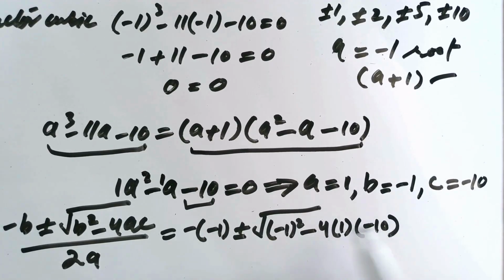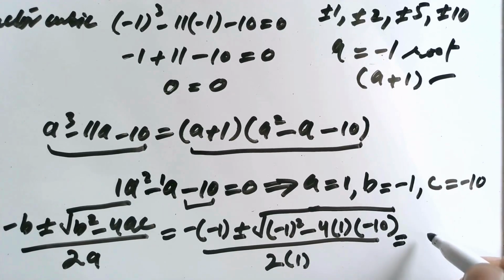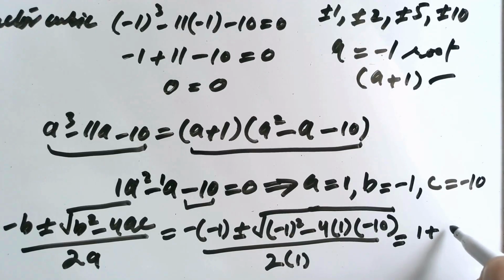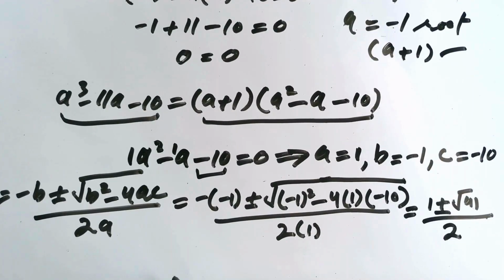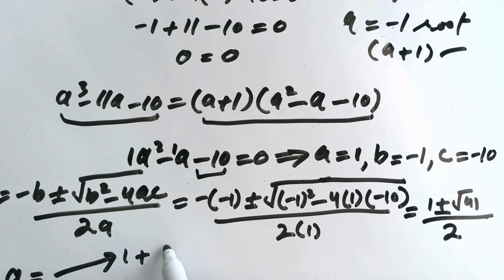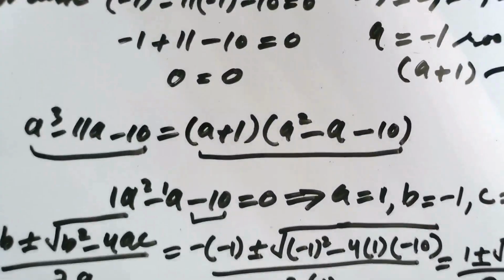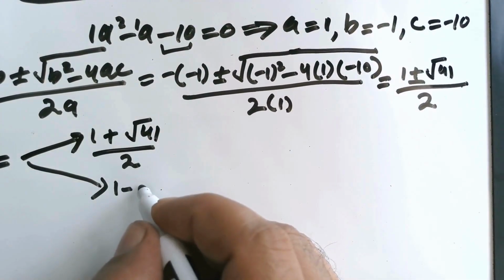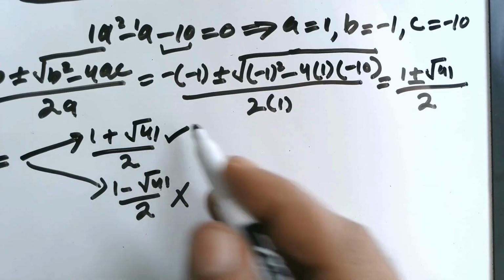C is minus 10. 2. We will take the only positive root.